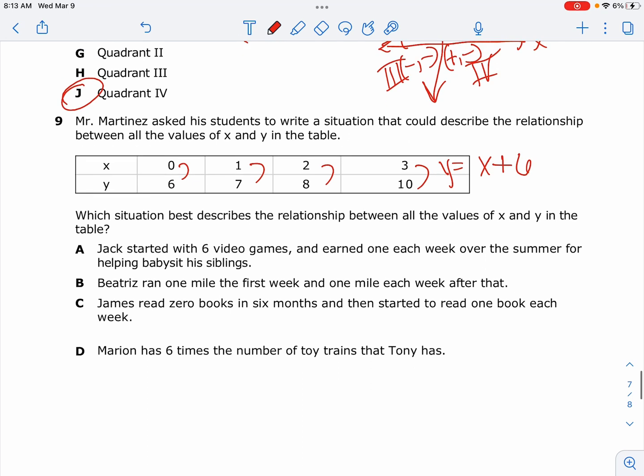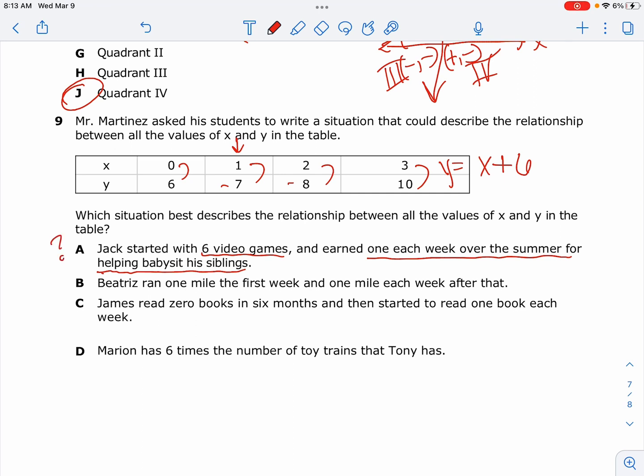Okay, let's look at A. Jack started with 6 video games and earned 1 each week over the summer, helping babysit his siblings. Okay, so 1 week he earned 1 video game, so then he had 7 total. The second week he earned another, then he had 8 total. That sounds good.